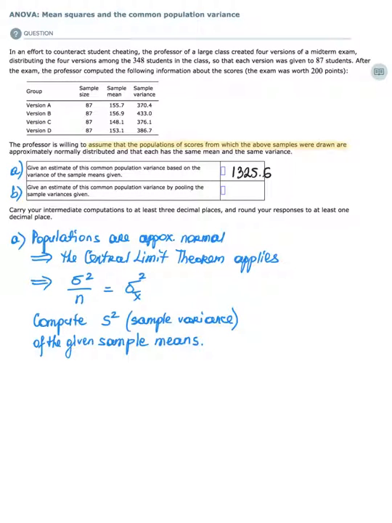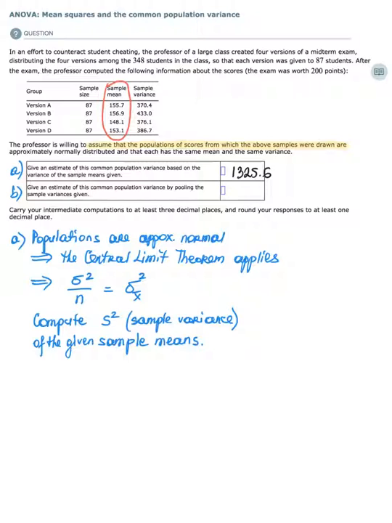We are asked to give an estimate of the common population variance based on the variance of the sample means given. It means that we are going to use the 3rd column of the table that provides samples for each group of students.